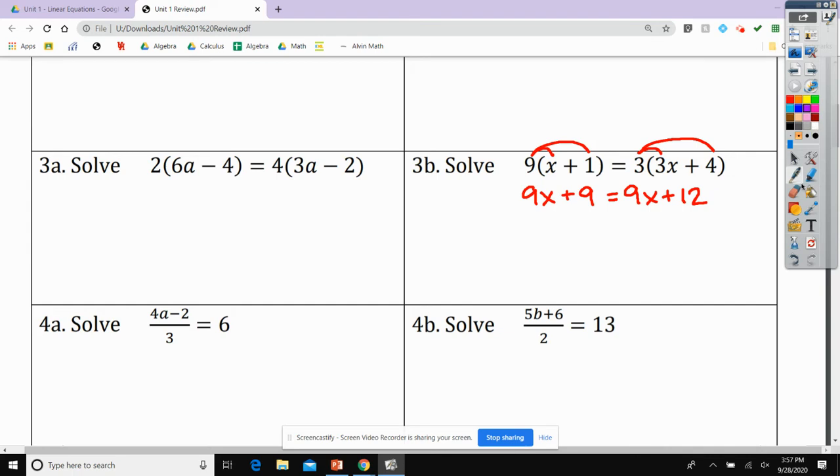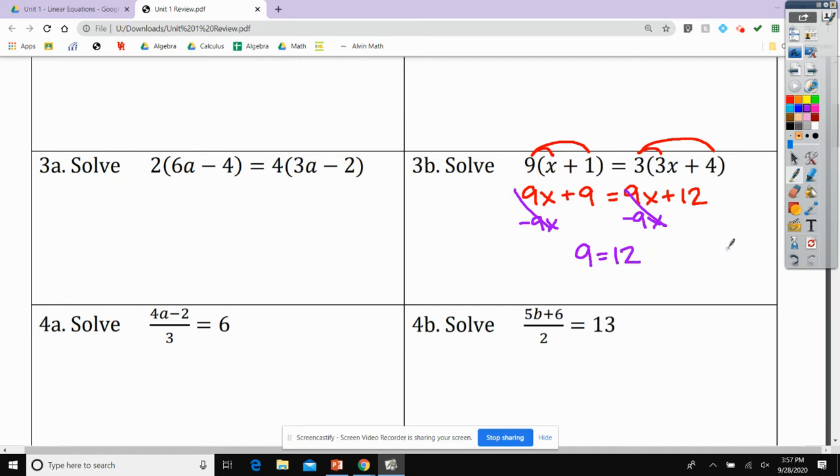Now our second step is combine like terms, but we don't have any. So we need to move our variables to one side. So I'll take this 9x and I subtract it from both sides. So these cancel out. And notice they also cancel out on this side. So I'm just left with 9 equals 12.